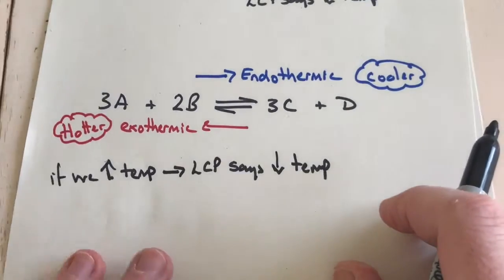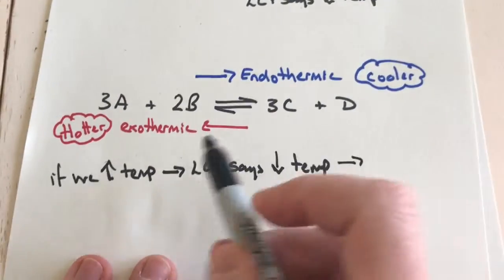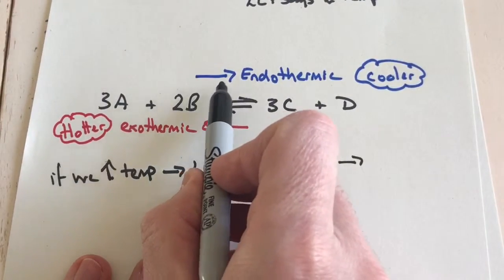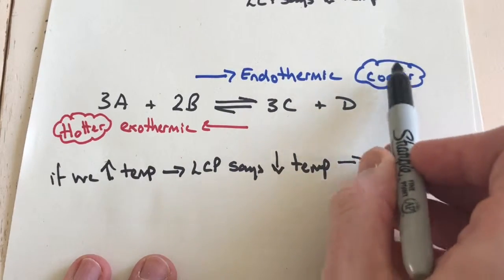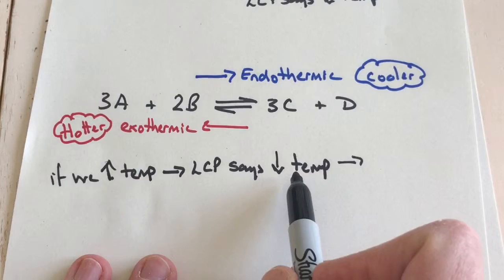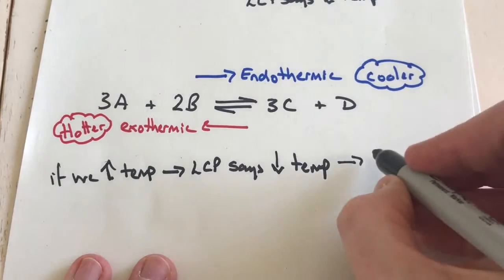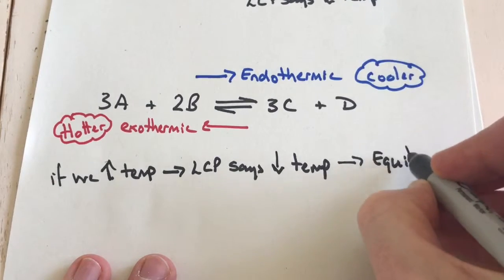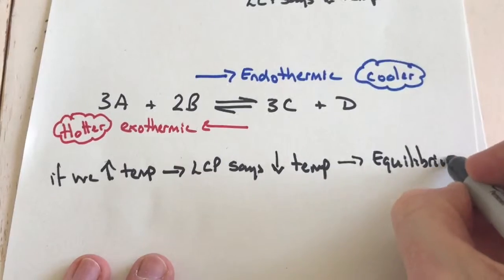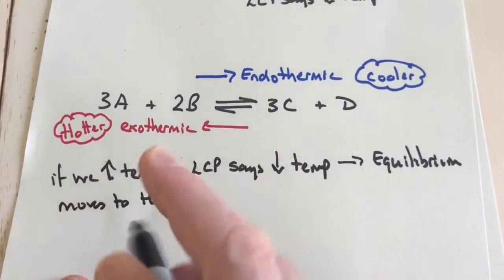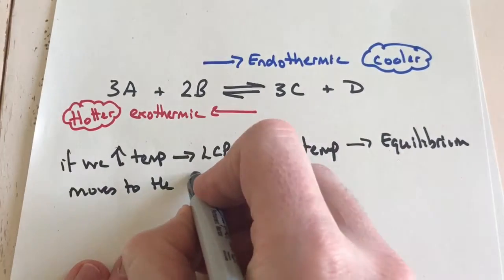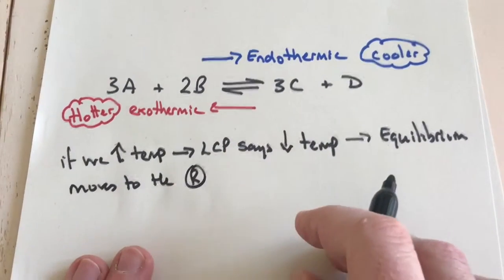Which way is it going to move to lower the temperature? Well, if you go back to your equation, the equation tells us going in the forward direction is endothermic, it's going to make it become cooler. So that's how it would lower the temperature. That means that the equilibrium will move to the right.